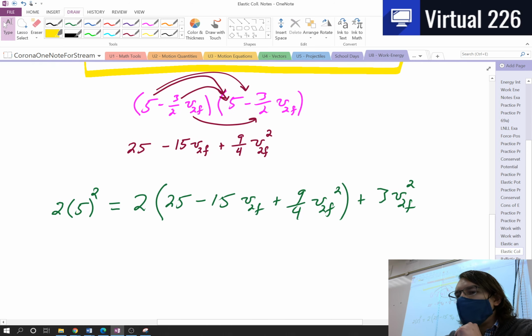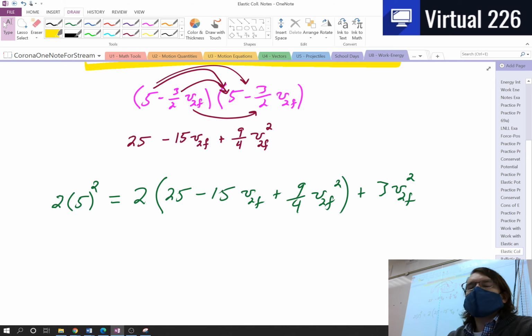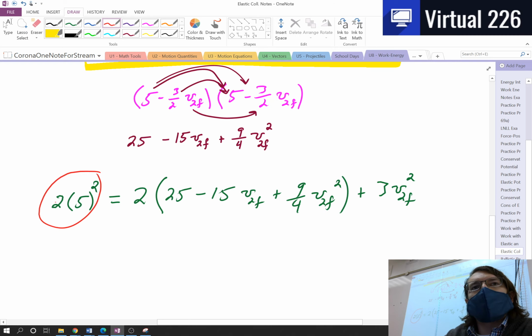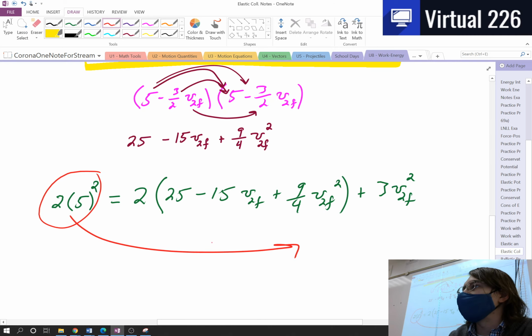Okay. Let's start simplifying this a little bit and try to put it into a nicer form. On the left here, 5 squared is 25. 25 times 2 is 50. And then I'm going to subtract that 50 over to this side.